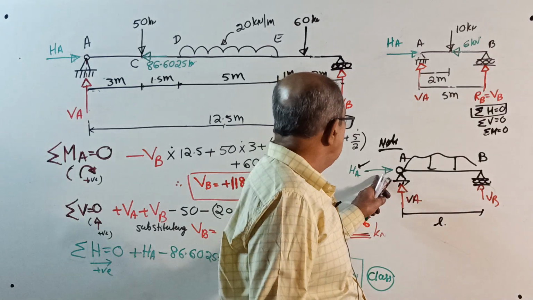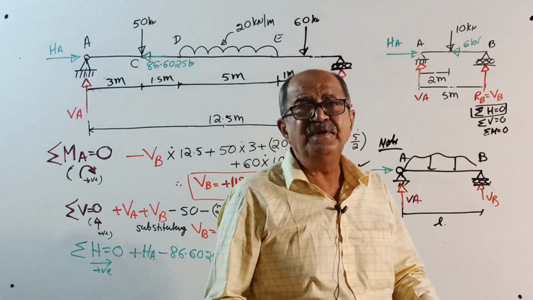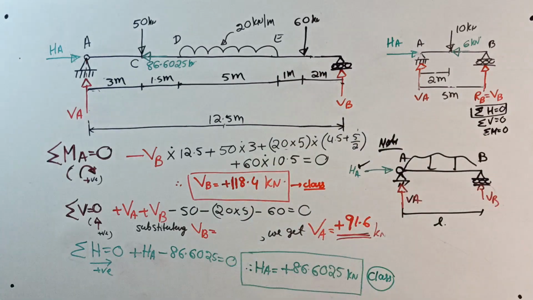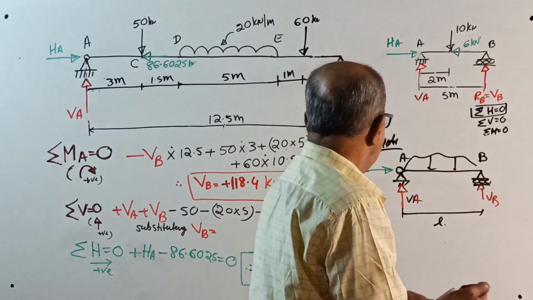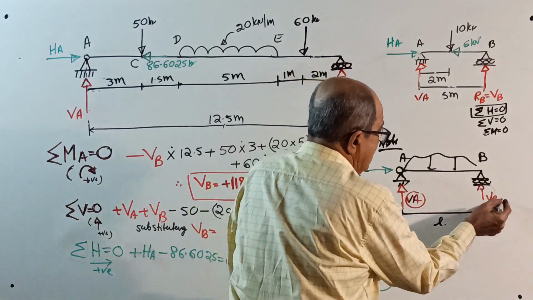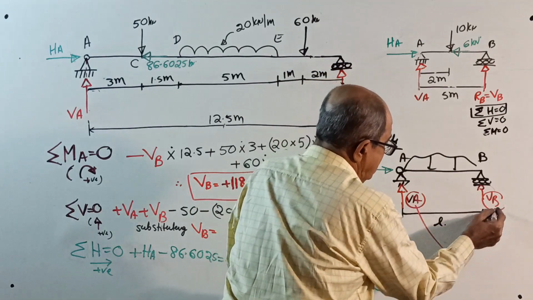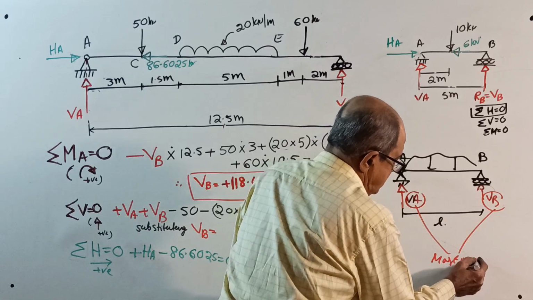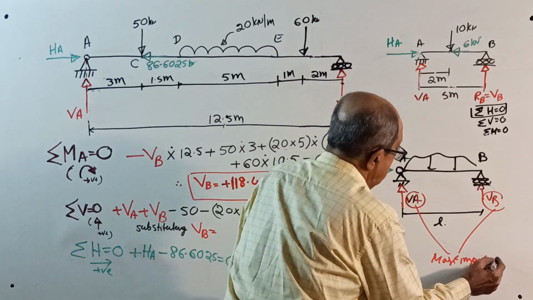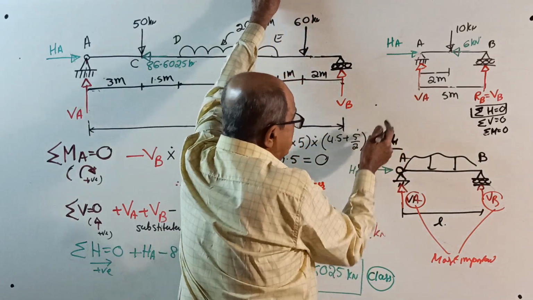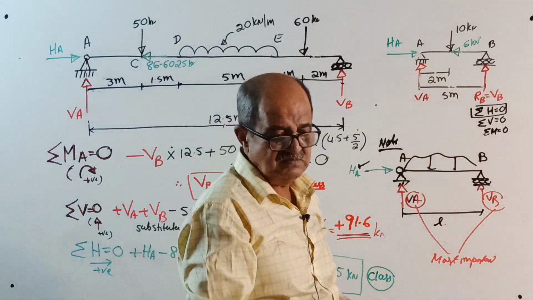So this HA you are finding only because it is there. Now, our most important ones are the red color ones. VA and VB are the most important, make a note.